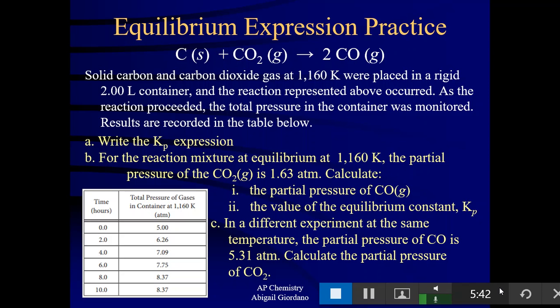Let's take this piece by piece, guys. Letter A says, write the Kp expression. Notice it doesn't say Kc, it says Kp. Okay, let's refresh our memories. If it's a Kp, P stands for pressure, what states of matter are to be included? Gases only. Okay, so let me come over here to a fresh screen.